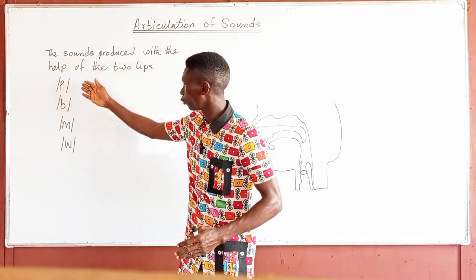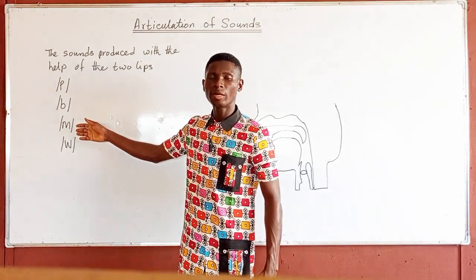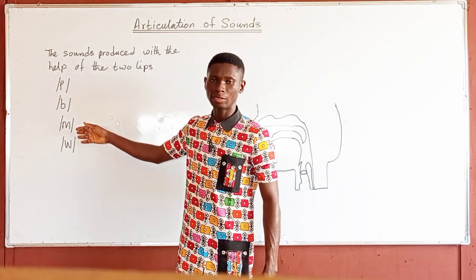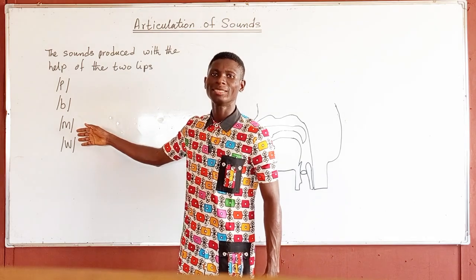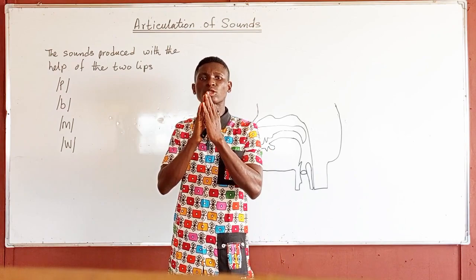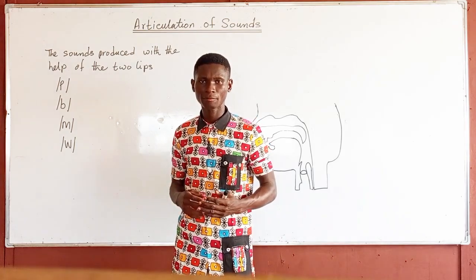Apart from these first two, we have the next one, which is m. This one is known as bilabial nasal. Bilabial nasal. Why is it called bilabial nasal? It is because the two lips you come together and you stop the flow of air from passing through the mouth completely.